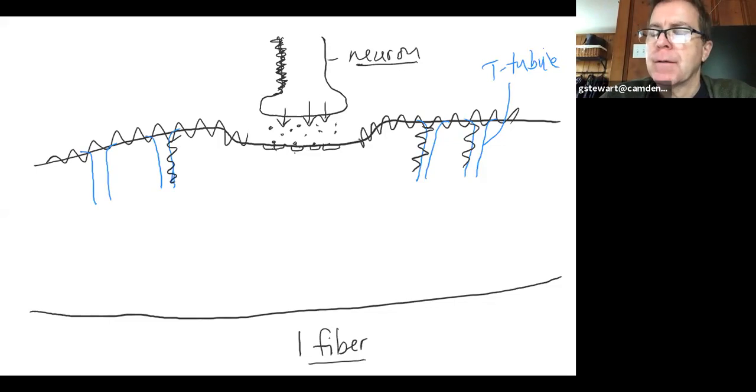At the base of each T-tubule is a sac-like structure called a terminal cisternae that is storing calcium ions inside of it. And I'm drawing 2 terminal cisternae associated with each T-tubule. That creates a triad.